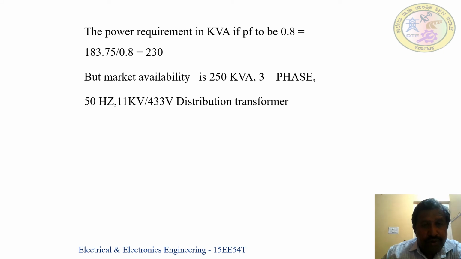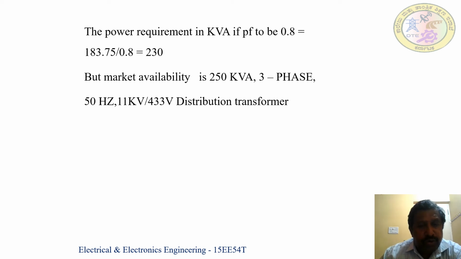Here we have to consider the power requirement in KVA. So for that we have to consider the power factor. The normal assumption for the power factor is 0.8. So the power requirement in KVA equals the input power in kilowatt divided by the power factor, that is 183.75 divided by 0.8.